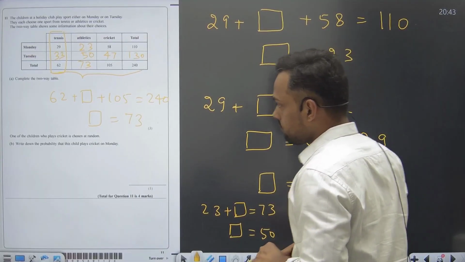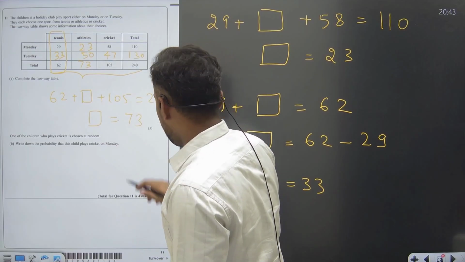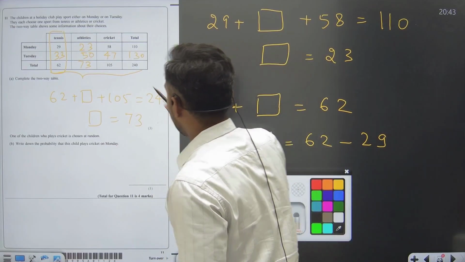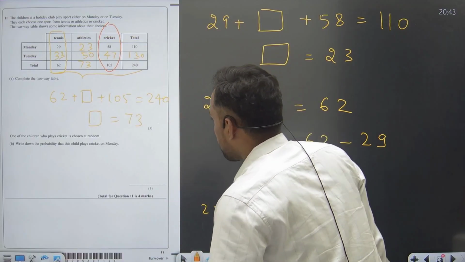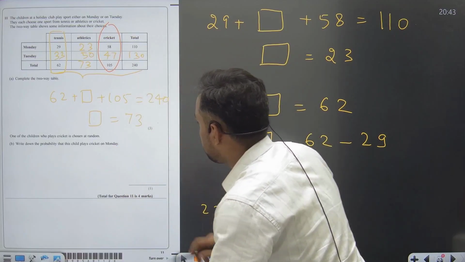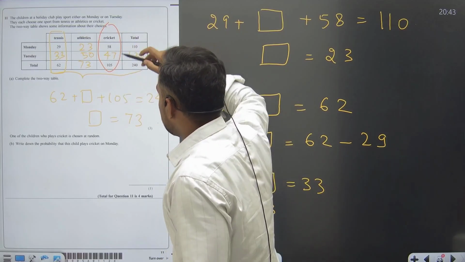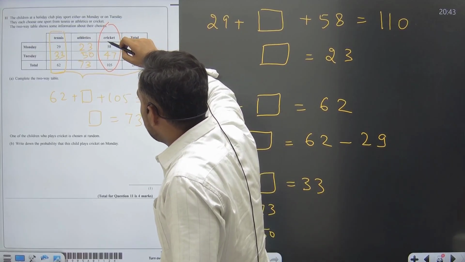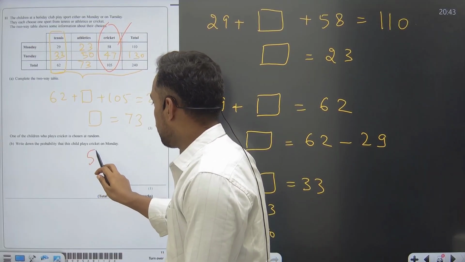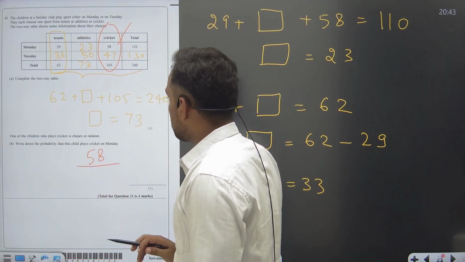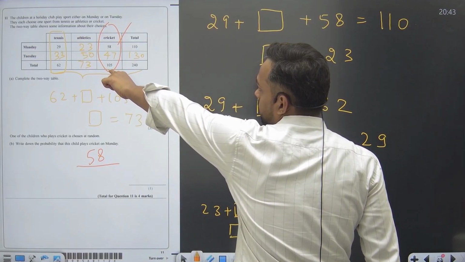Now one of the children who plays cricket is chosen at random. We only need to focus on the cricket part. Write down the probability that this child plays cricket on Monday. The number of children playing cricket on Monday is 58, so the favorable outcome is 58 and the total number of outcomes is 105.